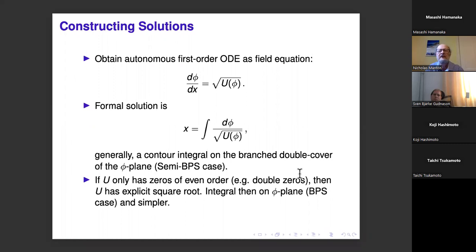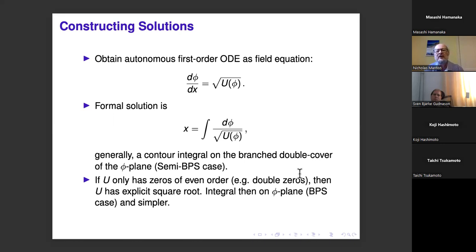But because of this square root of u, there can be branch points of the square root, and you need to go to the double cover of the phi plane for this integral to always make sense. If you don't consider the double cover, you hit problems, you hit singularities and sign ambiguities. But by going to the double cover, you get really an unambiguous integral here. It does depend on the endpoints, and the different signs for the square root really correspond to different starting and endpoints.